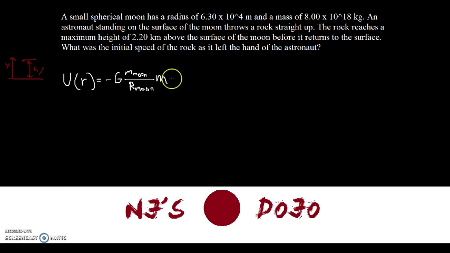So we denote m as the mass of the rock, M moon as the mass of the moon, and R moon as the radius of the moon.